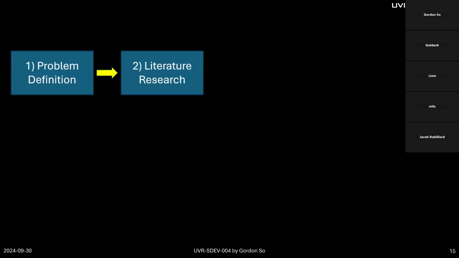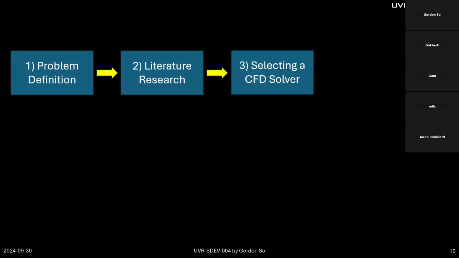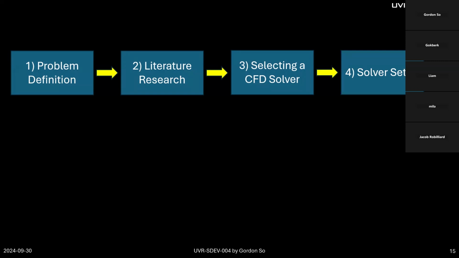Then you do some research on how others do it, proper techniques, or what method would be best for your problem. Then you choose a solver. There are so many software options you can use, so which one would you choose? After choosing a solver, you do your setup. Setup is more like punching numbers into a thing, but it involves a lot of theory.